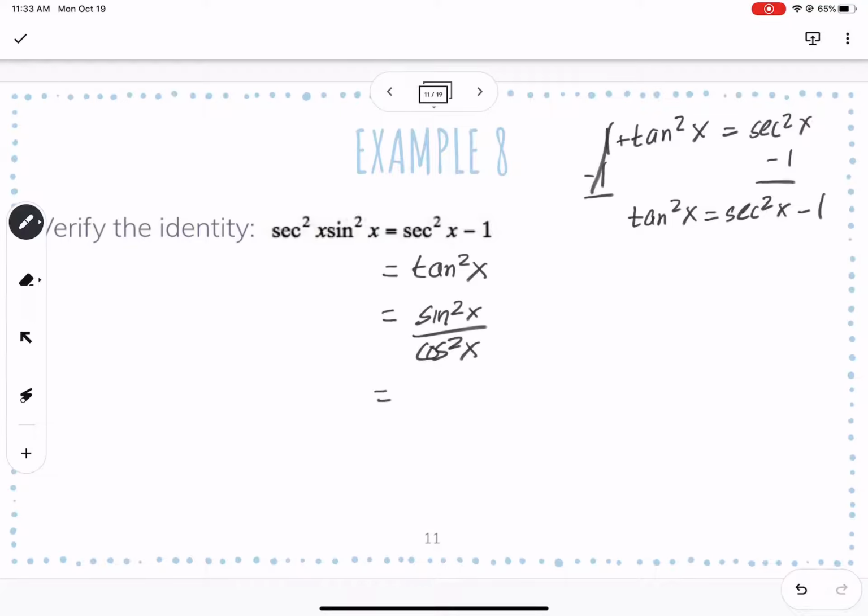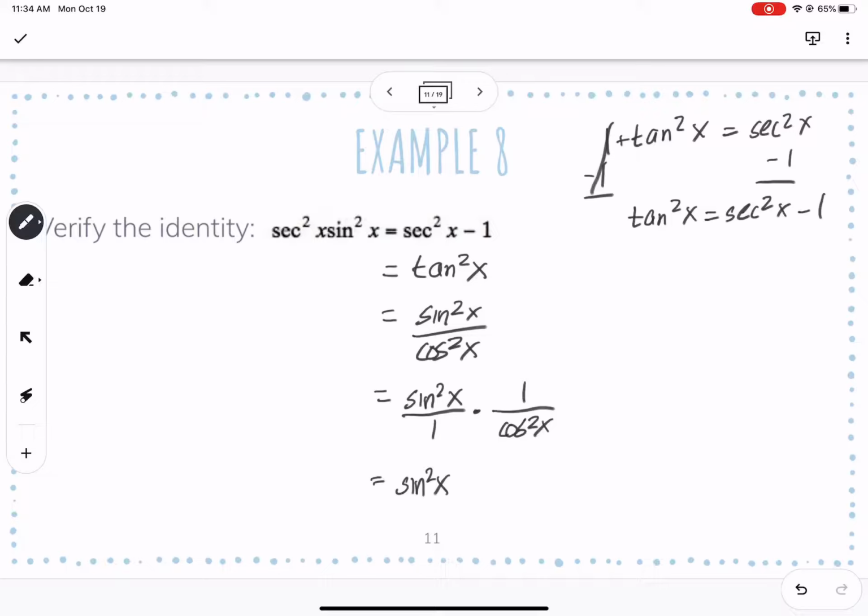Now I'm going to use that trick where I separate it. I'm going to put sine as its own fraction and cosine as its own fraction, but be careful because cosine is in the denominator, so that's really a 1 over cosine. Sine squared should stay in the numerator, so I'm going to leave it alone.